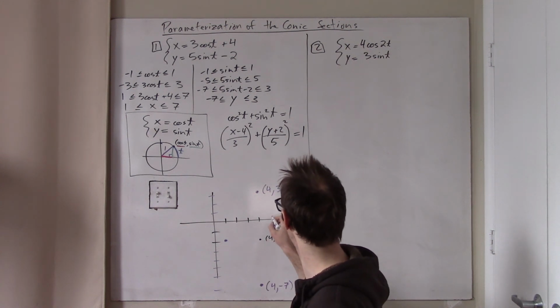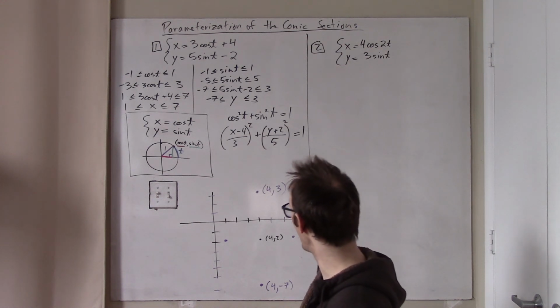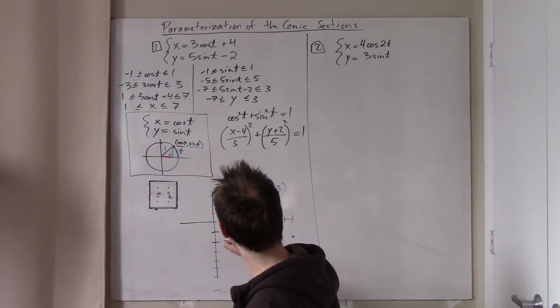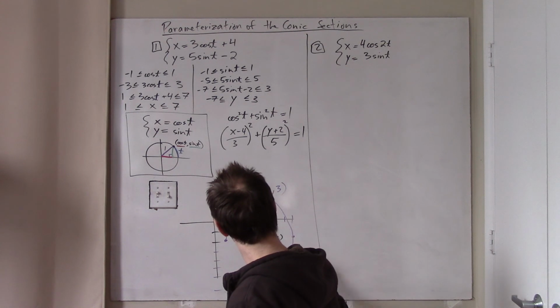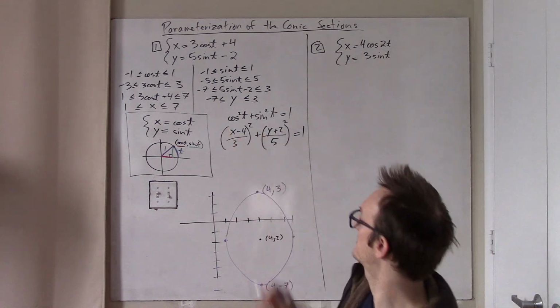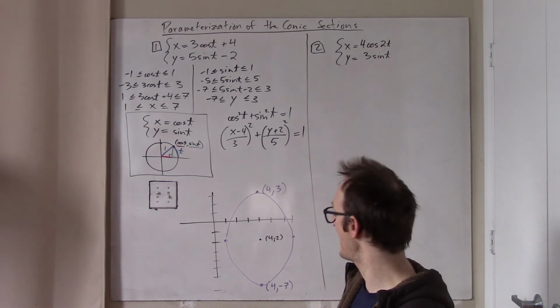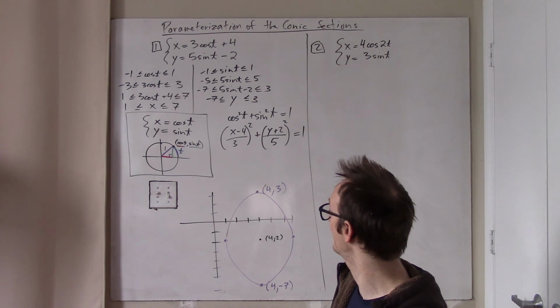So I get these other points that don't have names, the endpoints of the minor axis. And so the ellipse itself is going to look like this. And note that this matches exactly our calculations at the beginning, that x is between 1 and 7 and y is between negative 7 and 3.